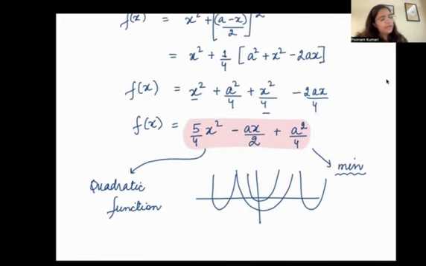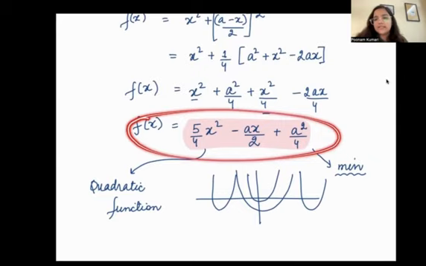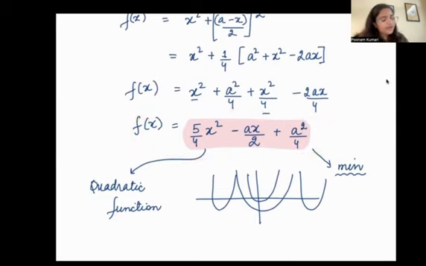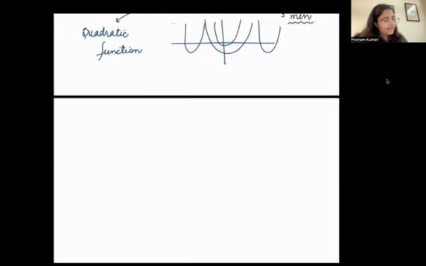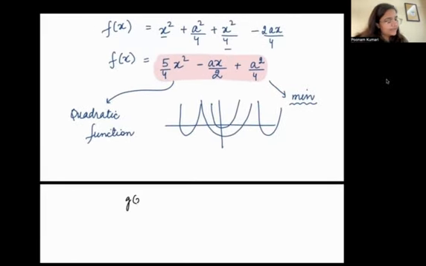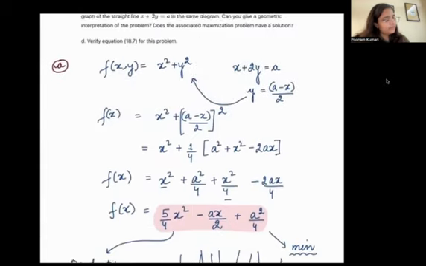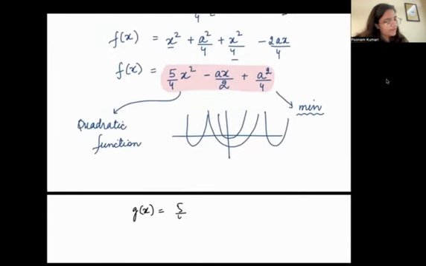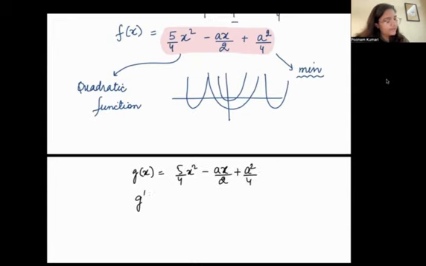So what do we do if I have to minimize this function? First of all, let's say this is my function g(x), equal to 5 by 4 x square minus ax by 2 plus a power 2 divided by 4. What is g prime x? 10 by 4 x, and then minus a by 2.